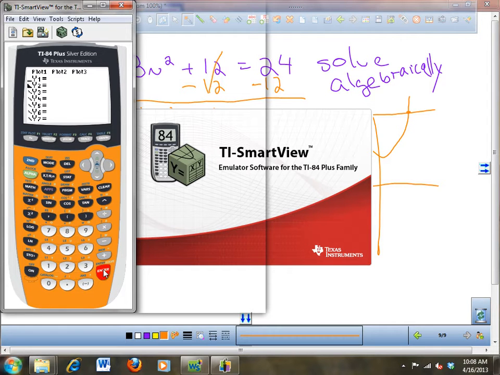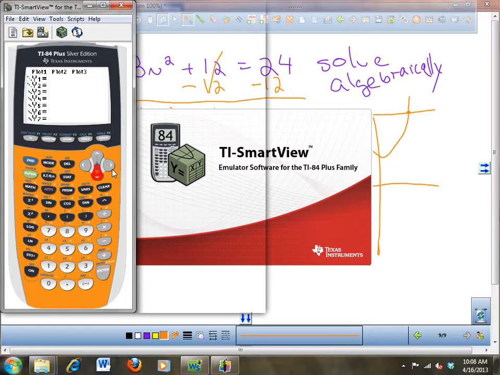There, good enough. Okay, I'm going to change this one. All right. So if I go to y equals and I put in this graph, 3n squared plus 12, it will let me do that.